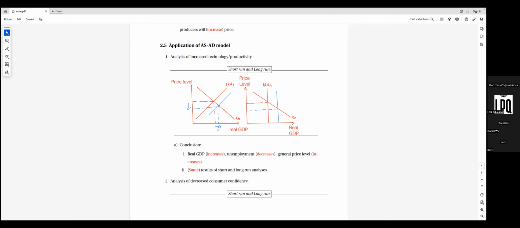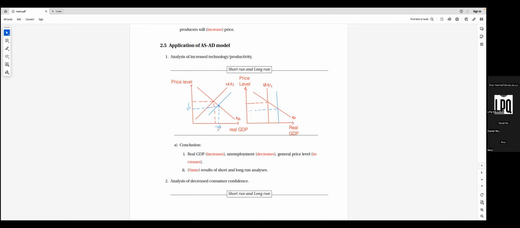But one problem you have noticed here is we only got the two axes, the horizontal line and the vertical line. We don't have a third line to represent the unemployment rate on the right. But it turns out that actually we don't need one. Always remember this: unemployment rate has an inverse relationship with GDP.